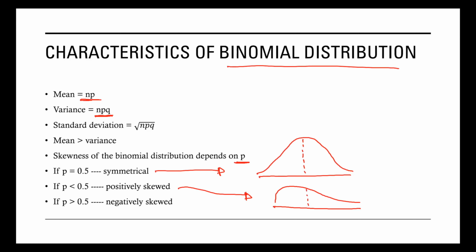And if P is greater than 0.5, we call it a negatively skewed distribution, where the distribution will be like this, right? So this is how the skewness of a binomial distribution depends on the P value.